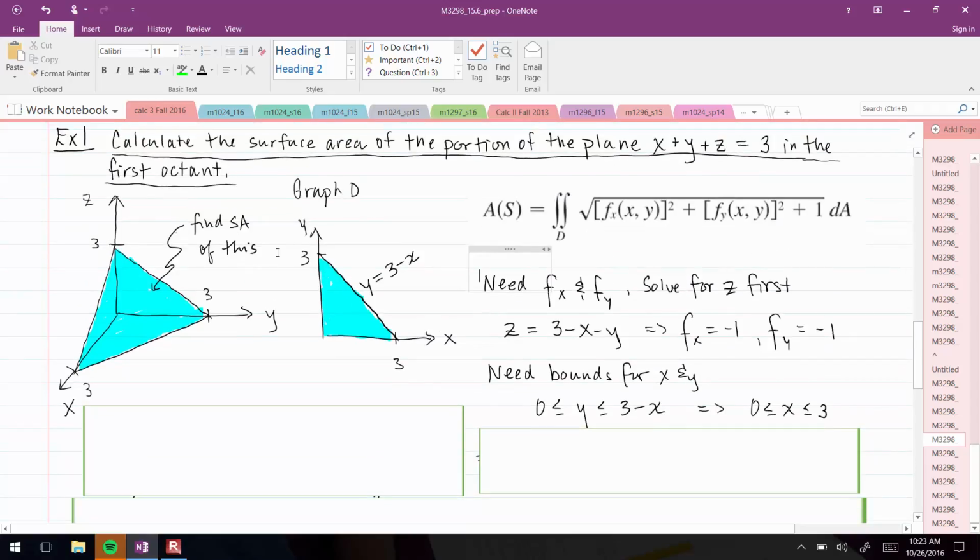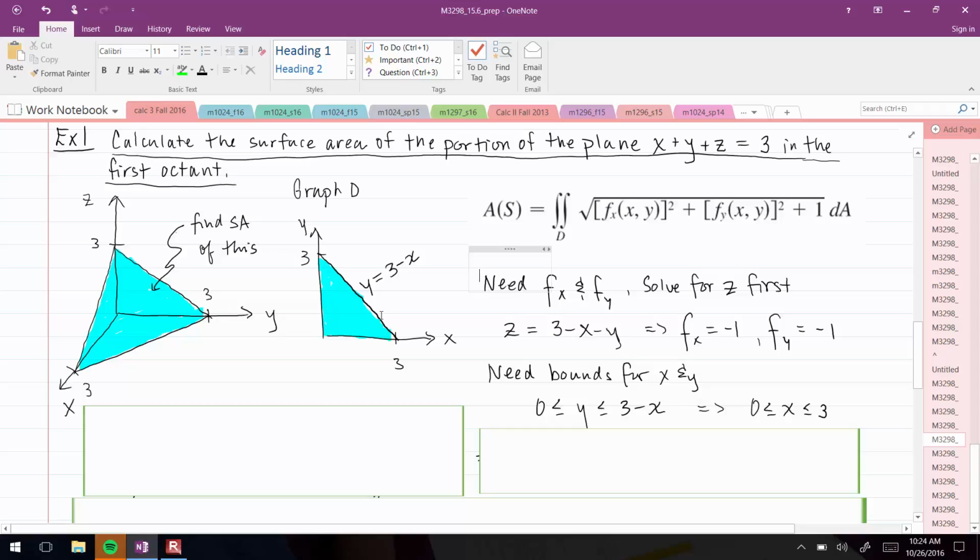Also, we need our bounds, which is what we started working on by graphing the domain. You could do this either way, but it's probably going to be the situation where you write the equation y in terms of x, because that's a little bit more familiar. So the variable bounds would be in terms of y, and y, looking from the least to the greatest, would be the line y equals 0 up to the curve y equals 3 minus x for any particular x.